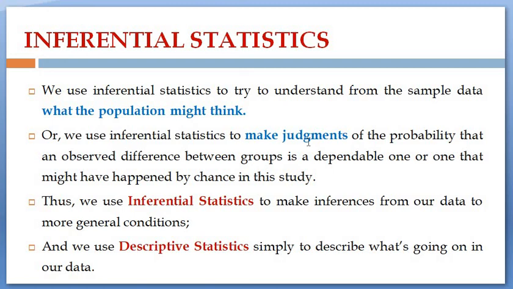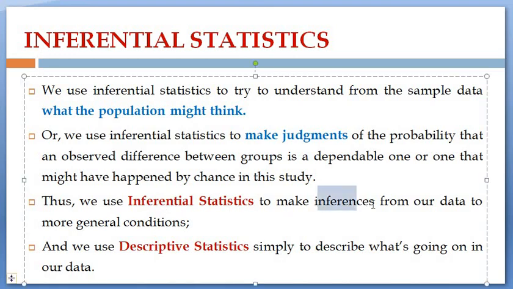We assess the probability that an observed difference between groups is dependable, or might have happened by chance in this study. Thus, we use inferential statistics to make inferences from our data to more generalized conditions, and we use descriptive statistics simply to describe what's going on in our data set.